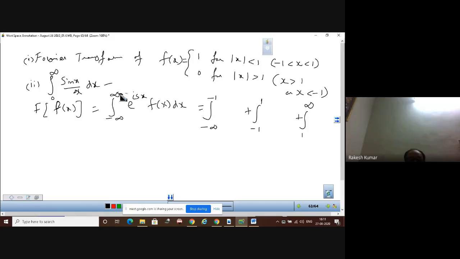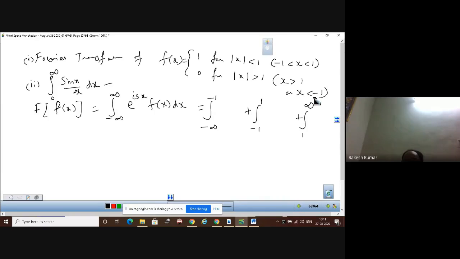That is, the interval minus infinity to infinity will be the splitting of the total interval into minus infinity to -1, -1 to 1, and 1 to infinity. How?